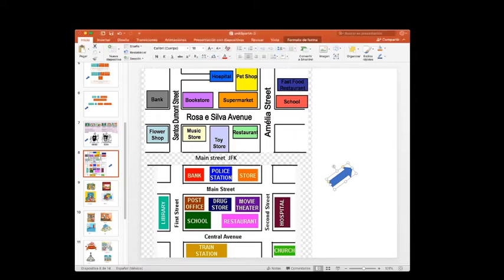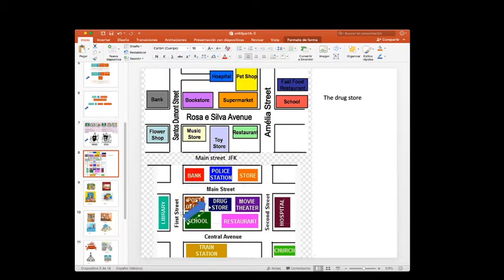For example, the drugstore is here down, and we have two main streets: Main Street JFK and Main Street alone.